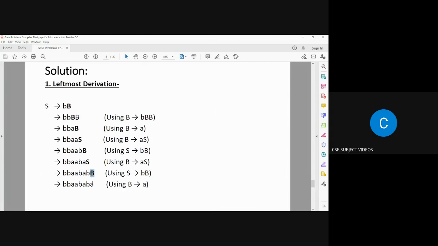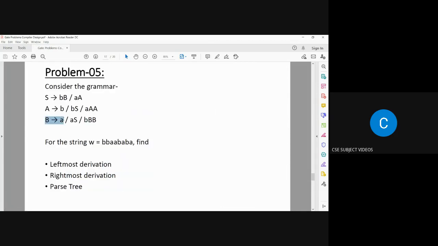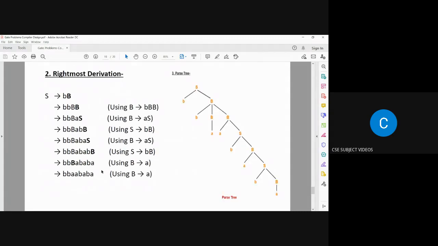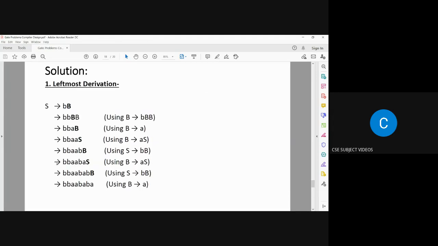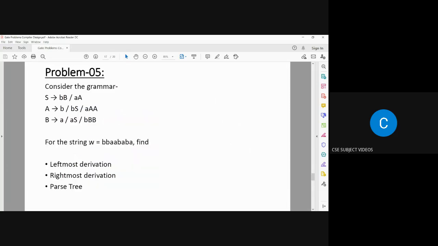According to our third production, B derives terminal A. So see here, this B is replaced by A. According to this step also, this B is replaced by A again. So at the end of the steps, we get the actual input symbols. So the rightmost derivation also derives this particular given string.